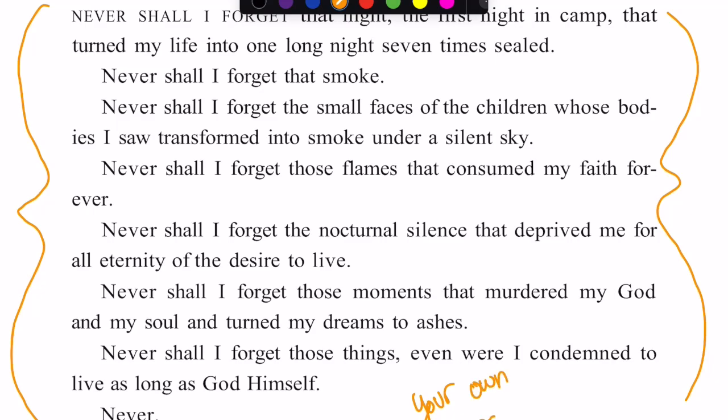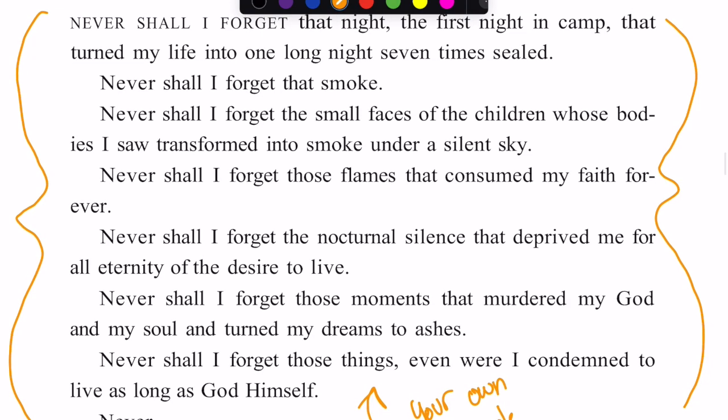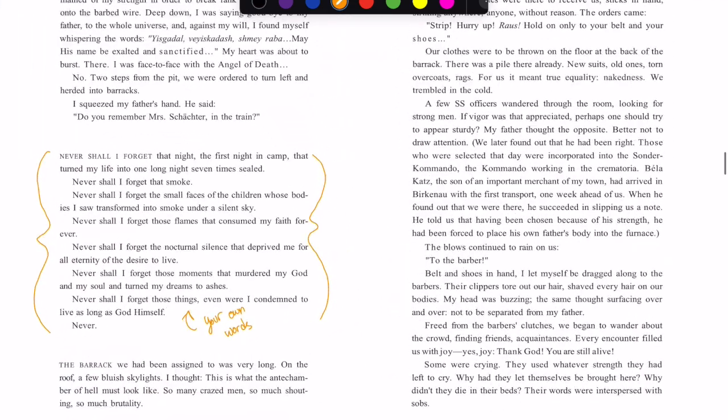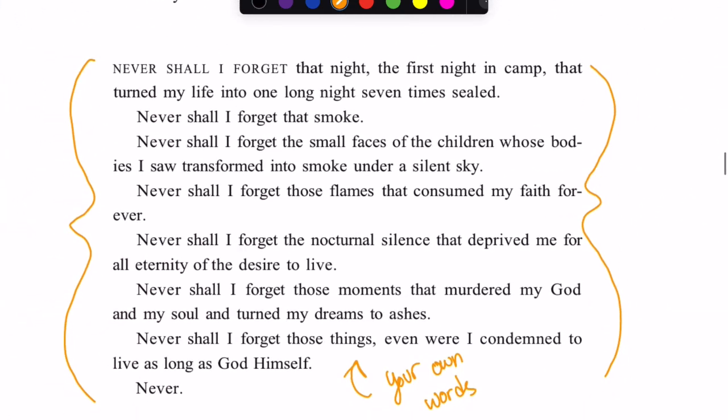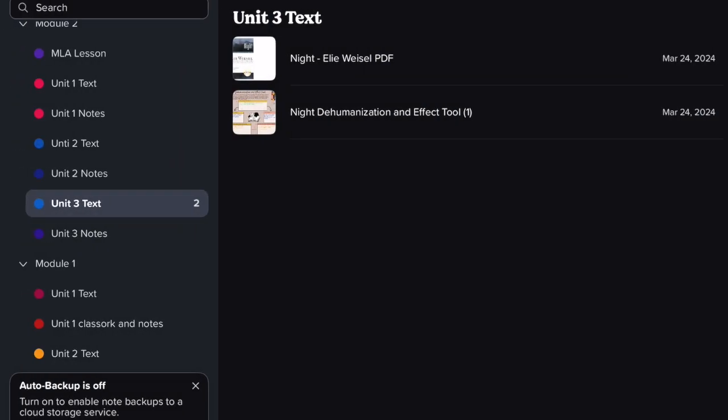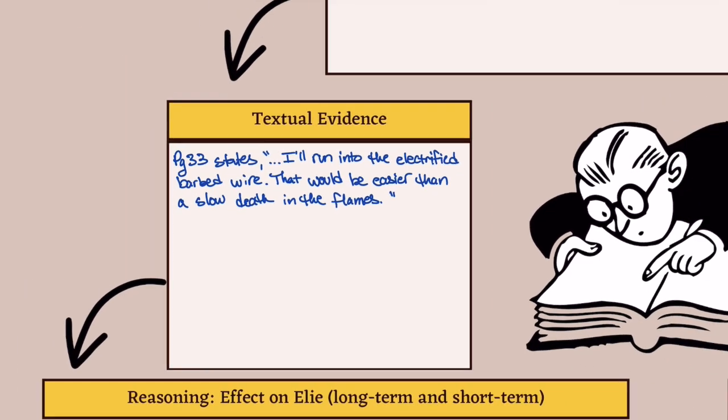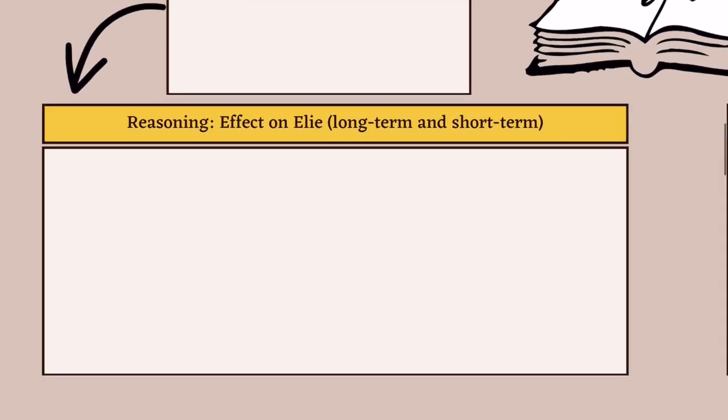This right here is showing the short-term and the long-term effect of this first night in Auschwitz and what Eli experienced, okay? So remember, this is on page 34. I want you to take this little quote right here, and that's what I want you to use for this reasoning statement right here, okay?